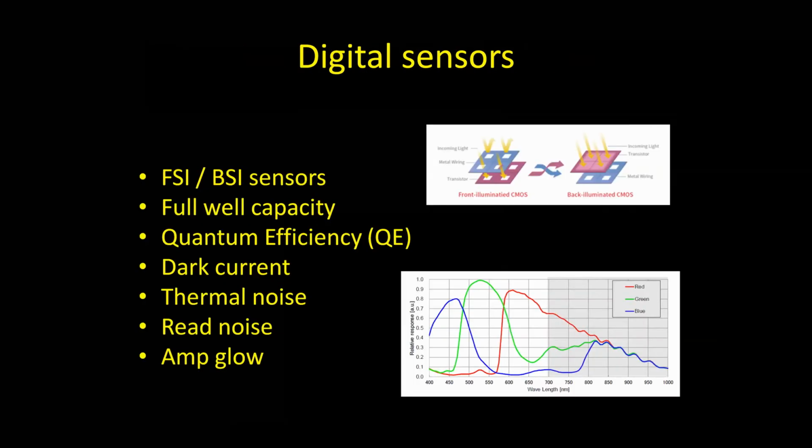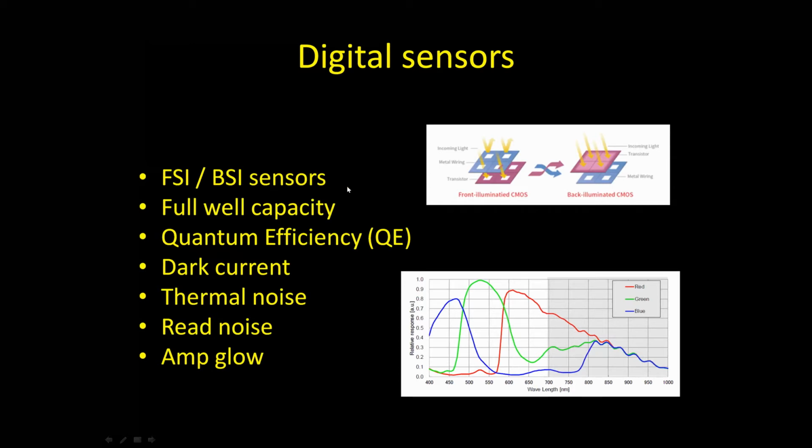So yeah, another part of these digital cameras, sorry, the sensors, is what kind of technology they use. So I put out here a couple of terms that people are using, just to clarify them. So what are the FSI and the BSI sensors in the cameras? FSI means front illuminated sensor, front side illumination, and BSI means backside illumination.